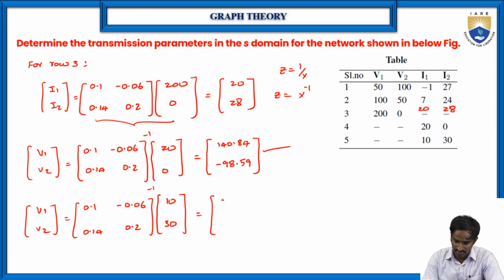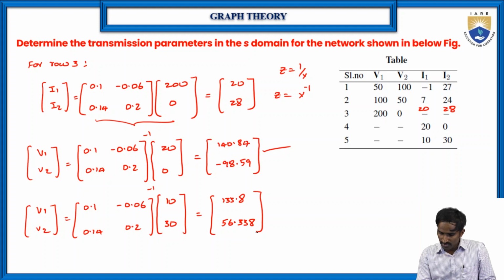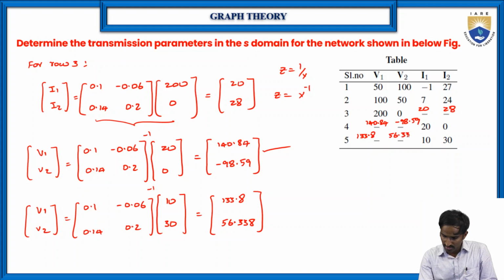So here V1 and V2 are 133.8 and 56.338. Now we are going to fill here. V1 is 140.84 and V2 is minus 98.59. And similarly here V1 is equal to 133.8 and V2 is 56.338.